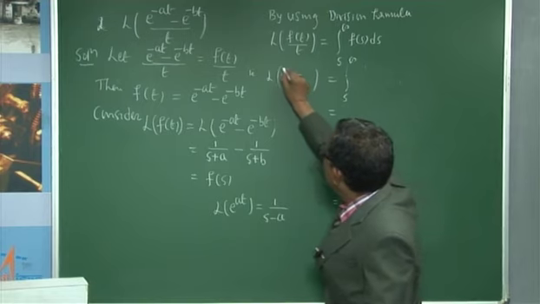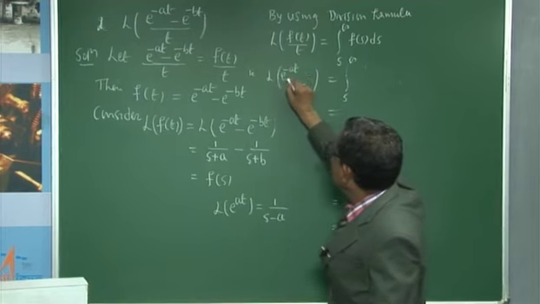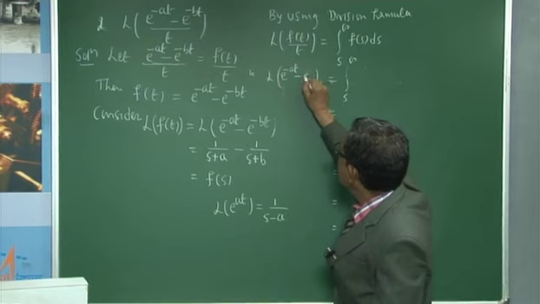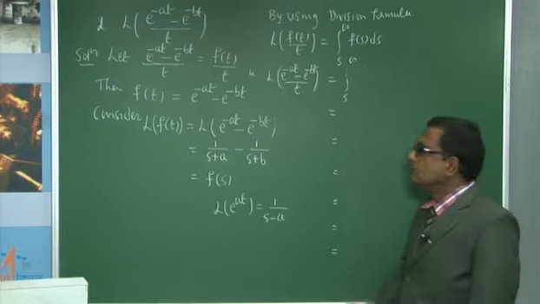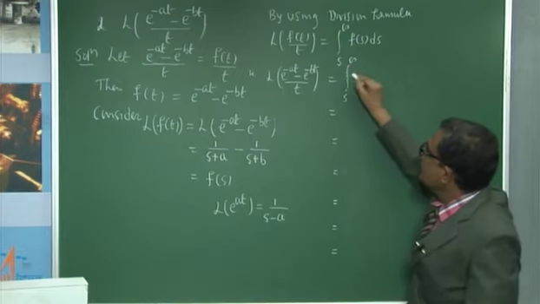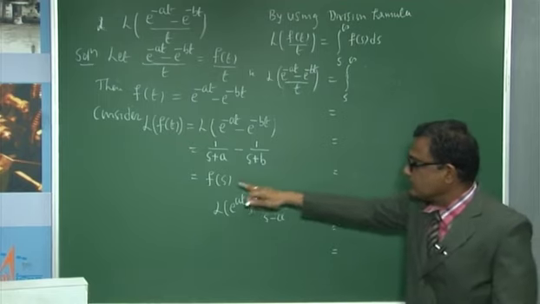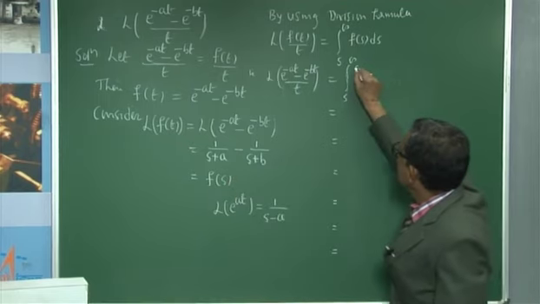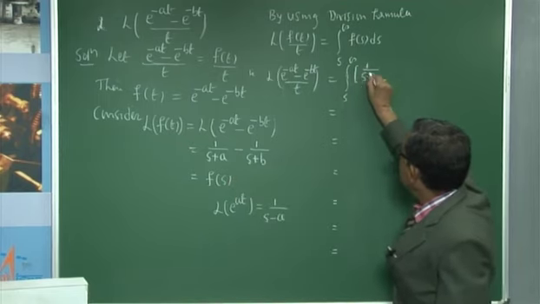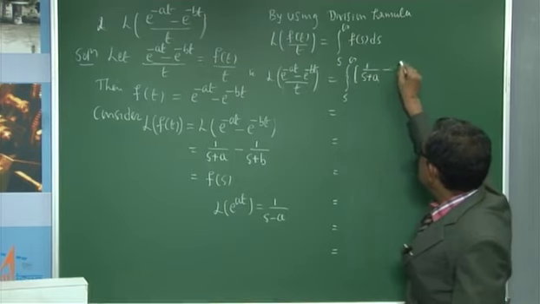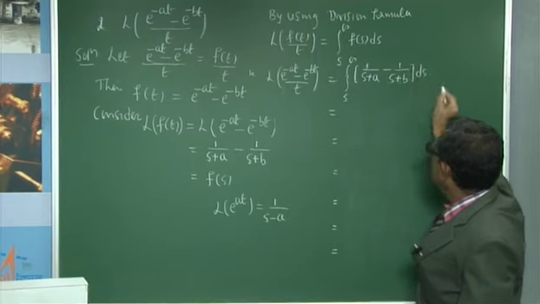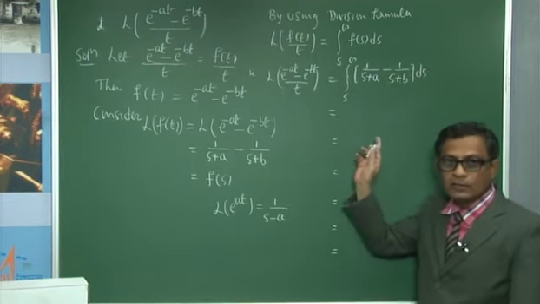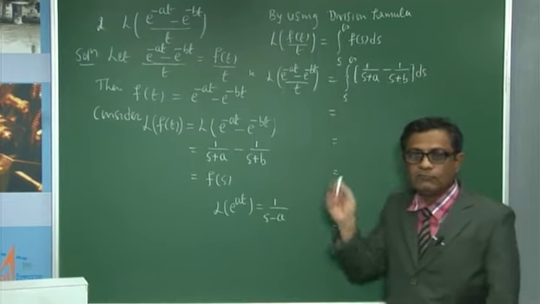Your f of t is e raised to minus at minus e raised to minus bt, divided by t. Then integration from s to infinity of F of s. This is your F of s. It is 1 divided by s plus a minus 1 divided by s plus b into ds. You have substituted the value of F of s.